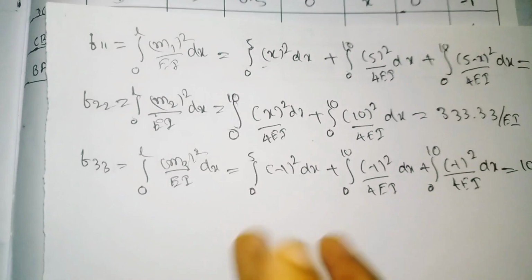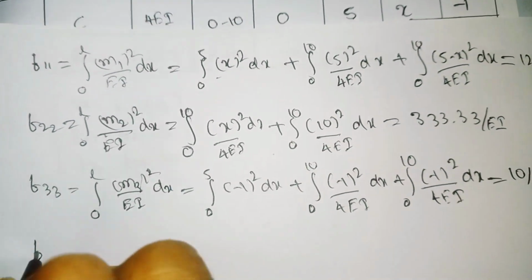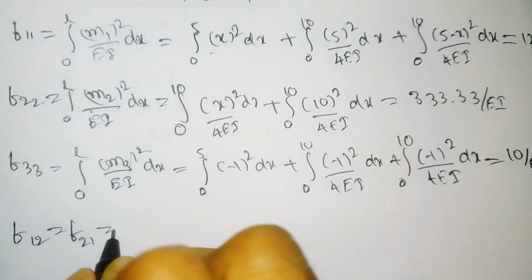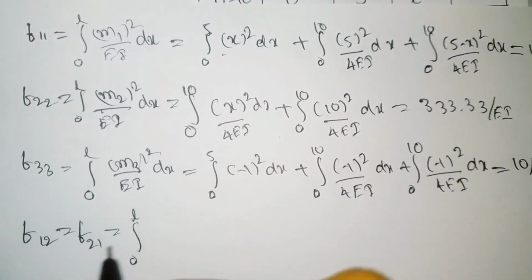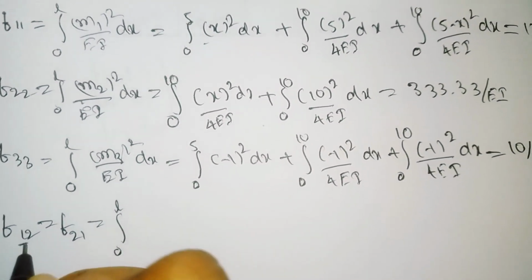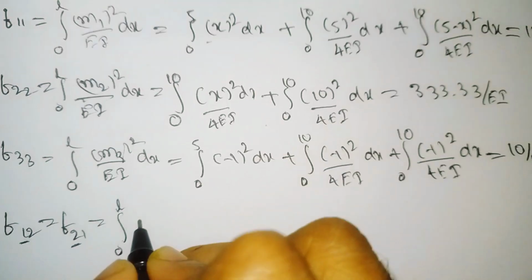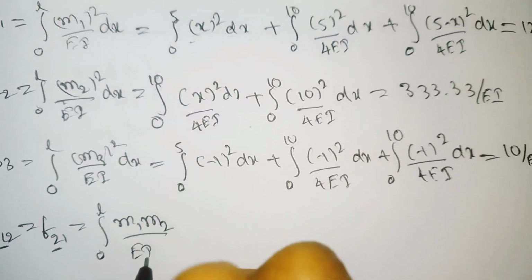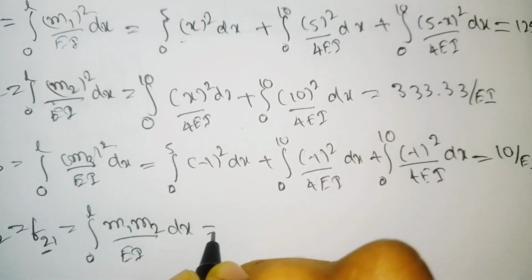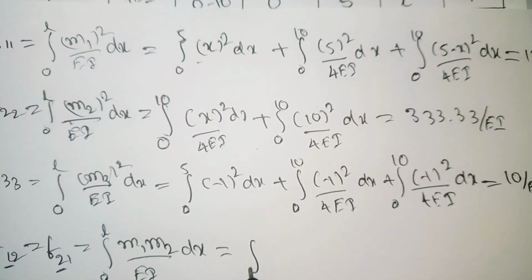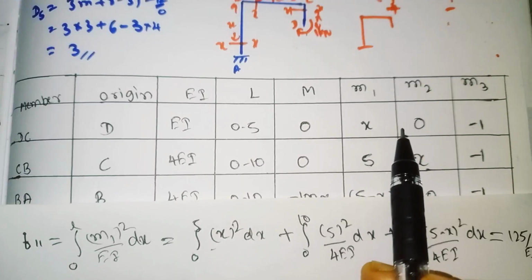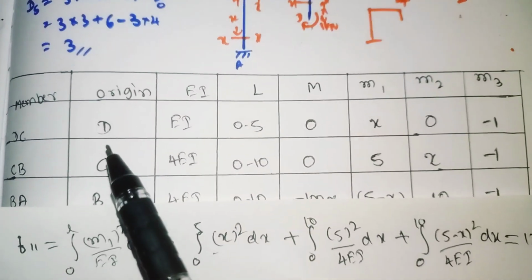Now for F12 equal to F21, equal to integration of 0 to L, we need to multiply the moment of the first point with the moment of the second point. So m1 into m2 divided by EI into dx. Here the m2 value is 0 for DC, and 0 into anything will become 0, so I am not doing it for DC.